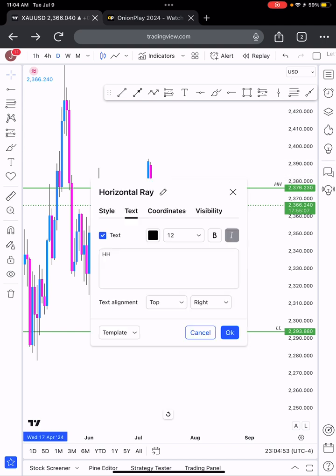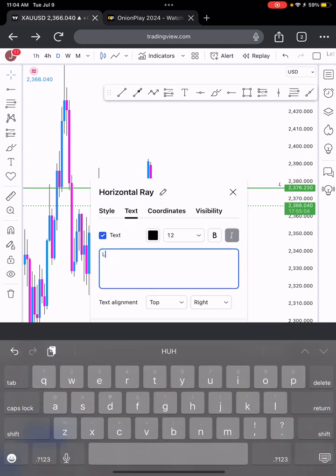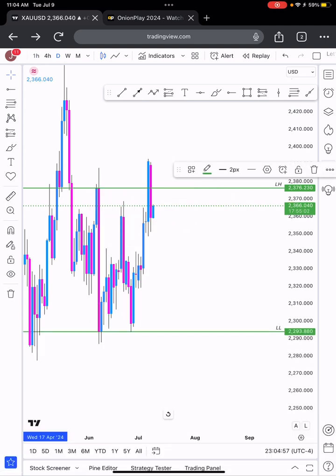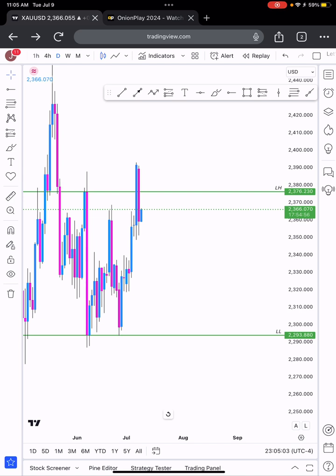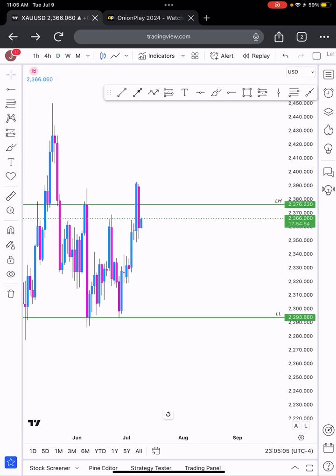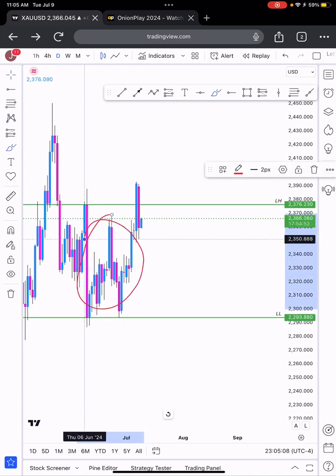And then this becomes lower high, right? And then now price needs to come in here and create a pullback in order to create a new lower low, right?